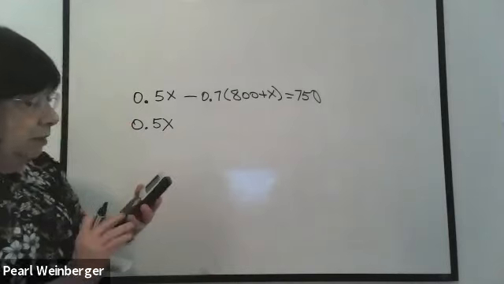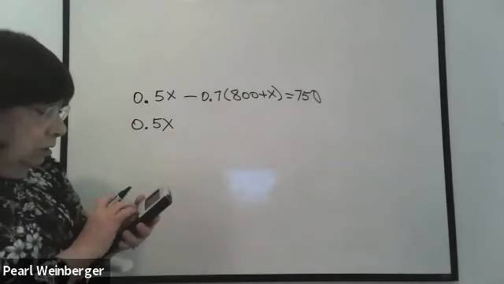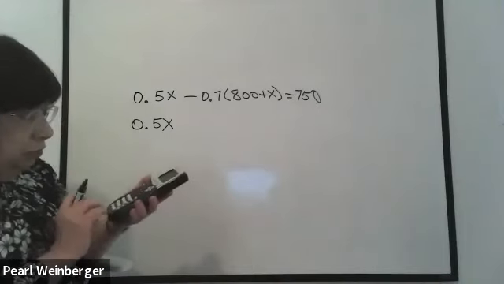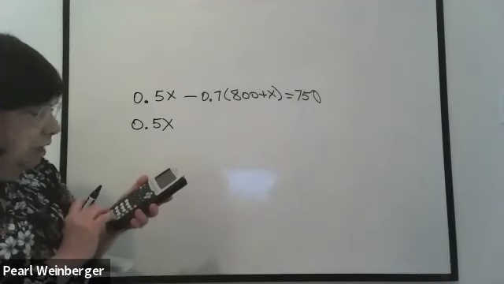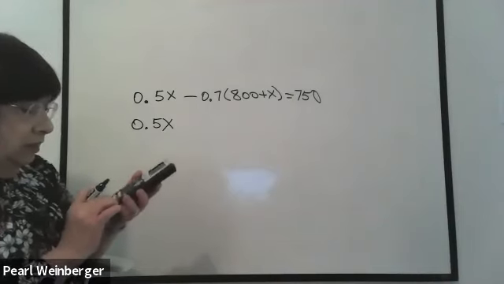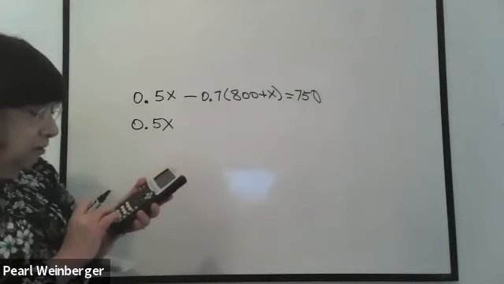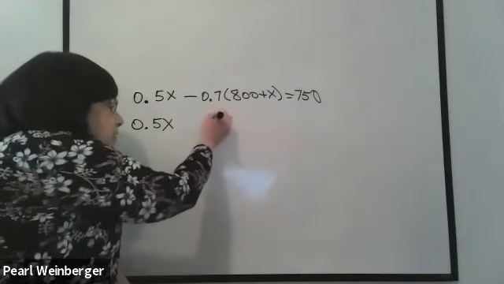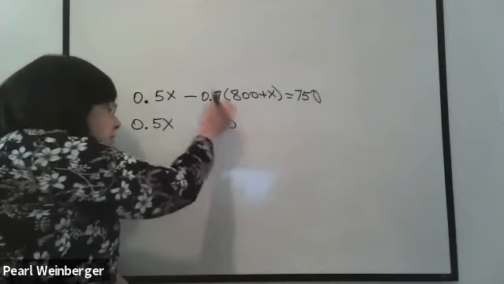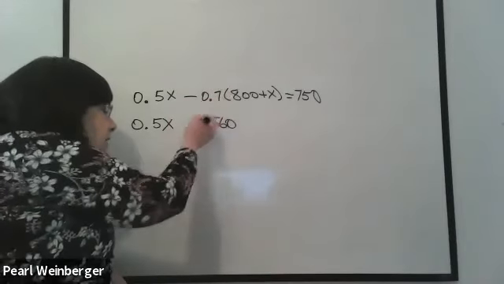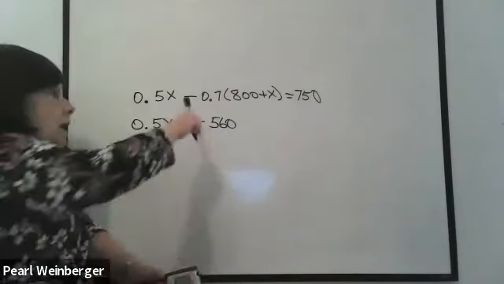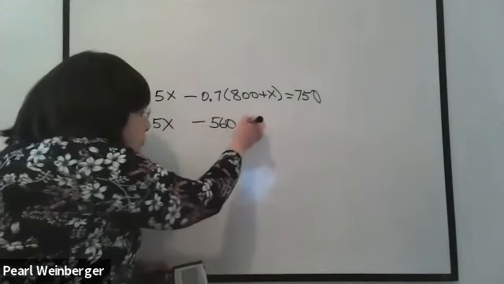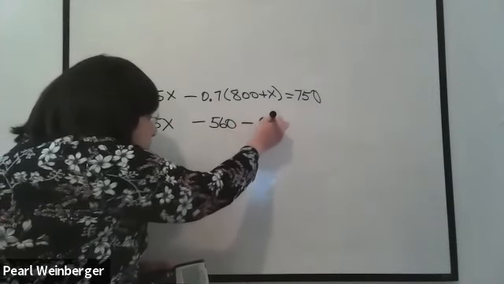So on my calculator, I could do this in my head, but I'm going to use my calculator to multiply 0.7 times 800, because that's not such an easy thing to do in your head. That is giving me 560. And since a negative times a positive is going to give me a negative, I'm also going to have to multiply the negative 0.7 times the x, which of course will just give me negative 0.7x.